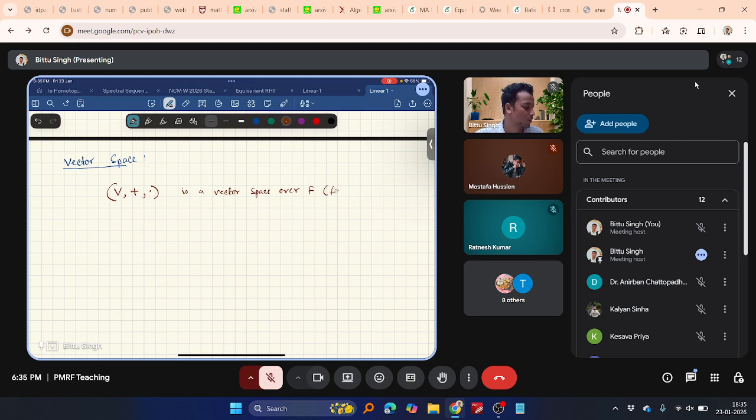This is called a field. So what are some examples of fields? You already know fields are, for example, real numbers, rational numbers, or complex numbers, where you can perform both addition and multiplication.